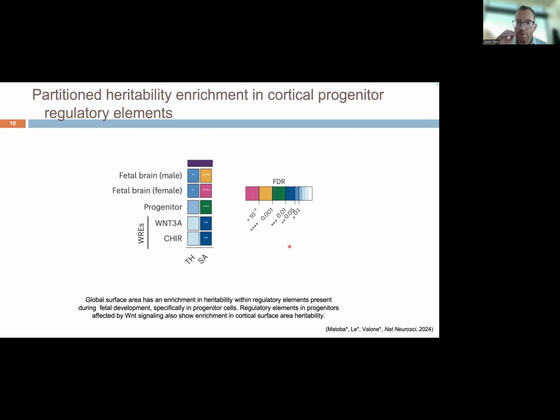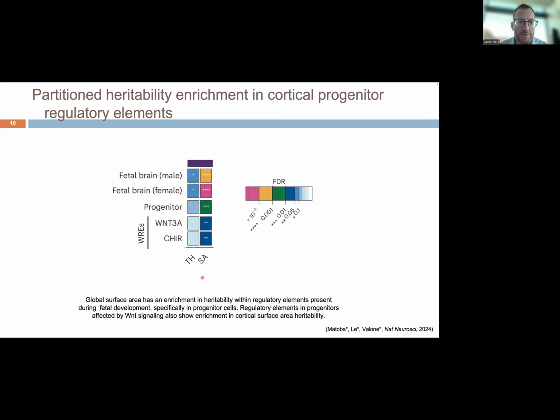So we pursued this partitioned heritability approach using different tissue types, and just to summarize, different cell types and different stimulation states as well, for example, Wnt-specific regulatory elements here. We did this for both global thickness and global cortical surface area.